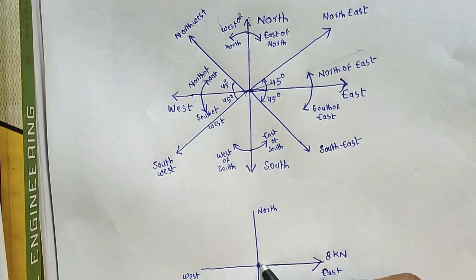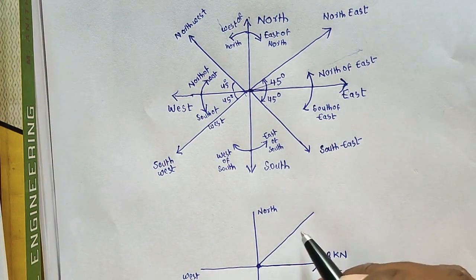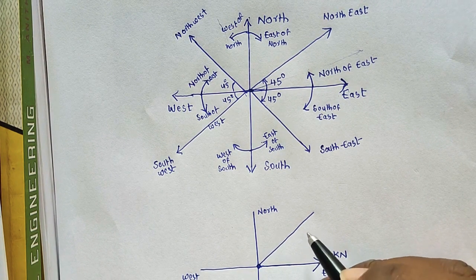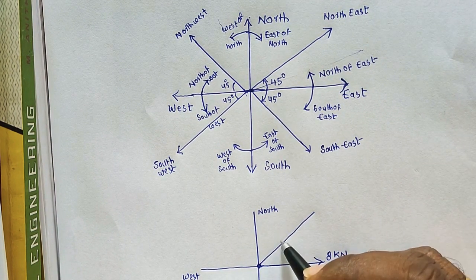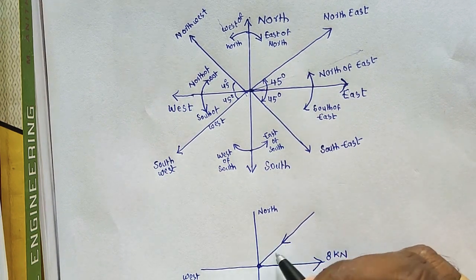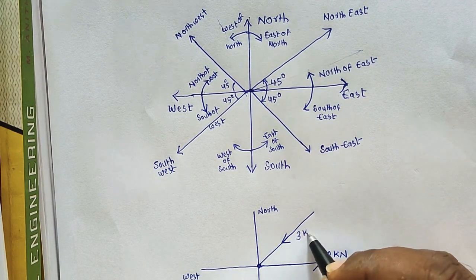Northeast means this is middle, so this is northeast, and he is saying a push of 3 kilonewton. Pushing force means towards this point, so we have to mention the direction of force towards the point. So this is 3 kilonewton.